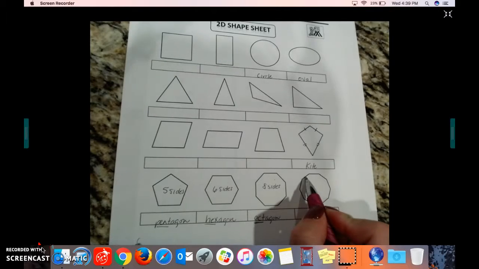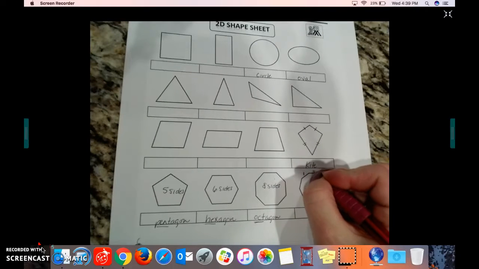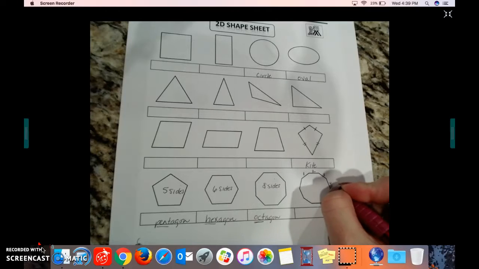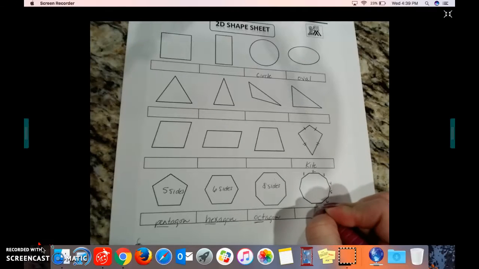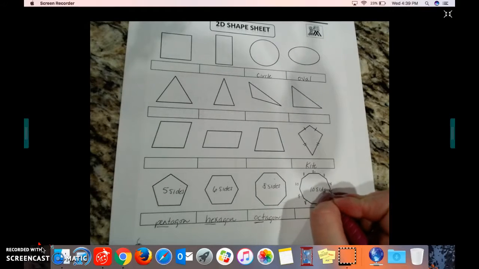Okay, get that filled in, and then we will look at the last shape, which if you want to go ahead and start counting the sides. So this time we have 1, 2, and I'm going to number these because I'm afraid I'm going to get confused. So 1, 2, 3, 4, 5, 6, 7, 8, 9, 10. So it has 10 sides.